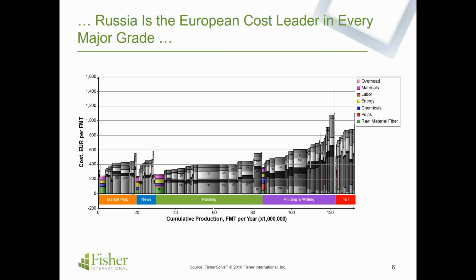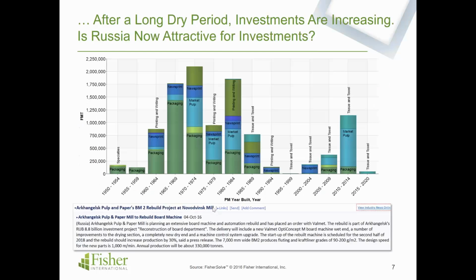And here we can see in European comparison that Russia is actually a cost leader in every major grade. So one could imagine now that there will be a series of investments to Russia, and Russia is investing heavily. And actually, to some scale, this is true.